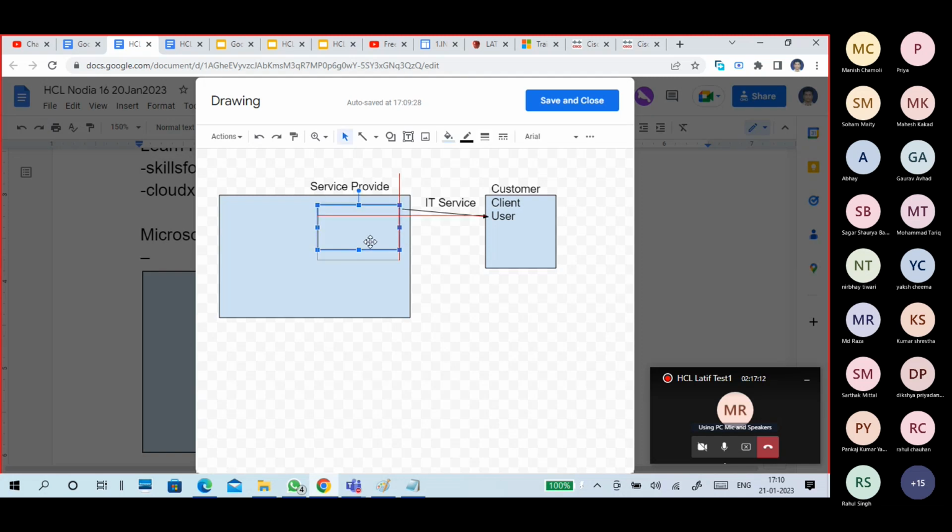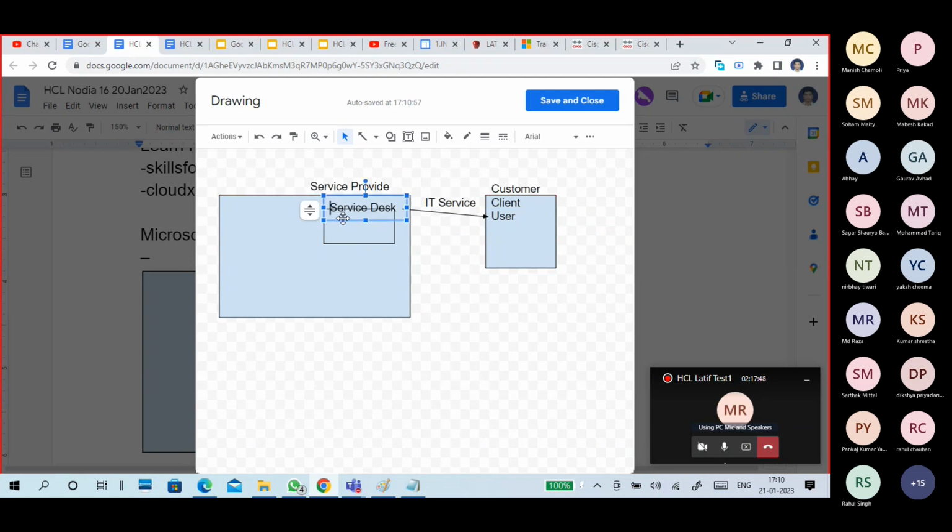So what they will do, they will try to reach the service desk. Of course, service desk is just a term, but in the service desk there are a lot of different things.